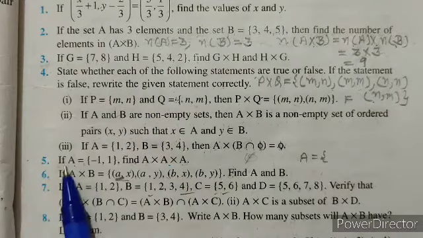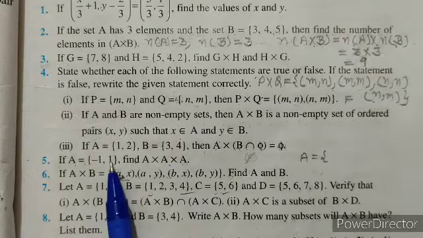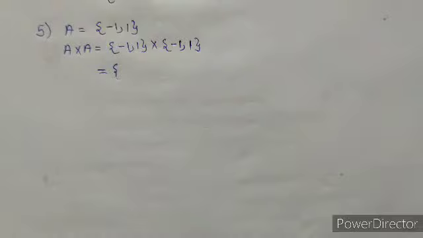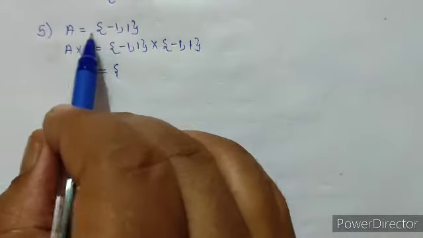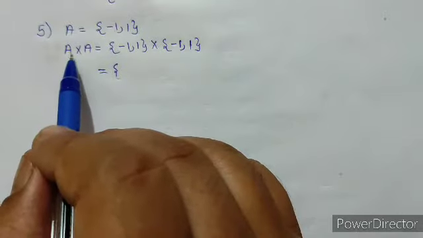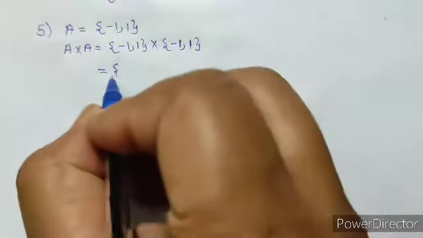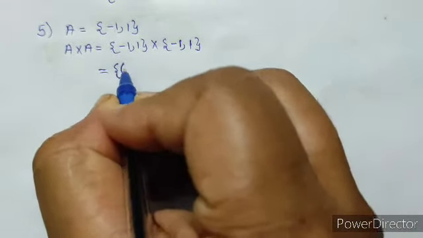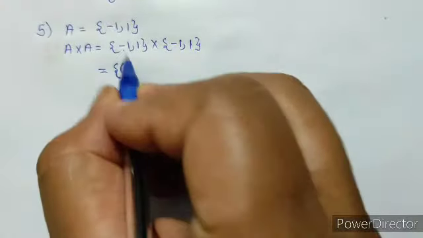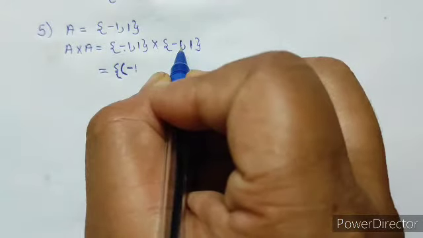Now in question number 5, if set A is equal to {-1, 1}, find A cross A cross A. Now set A is given to us as {-1, 1}. First of all, we will find out A cross A. Now A cross A will be the set having the ordered pairs whose first element is from the first set and second element is from the second set.